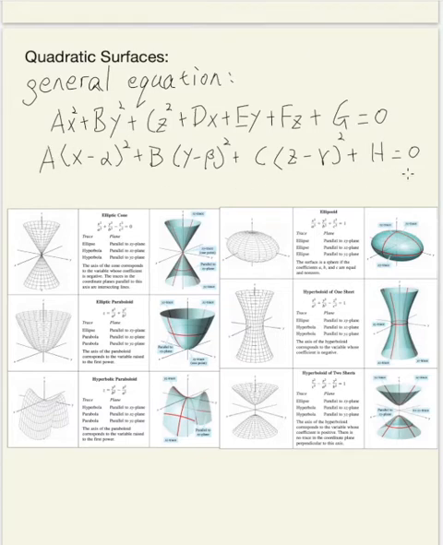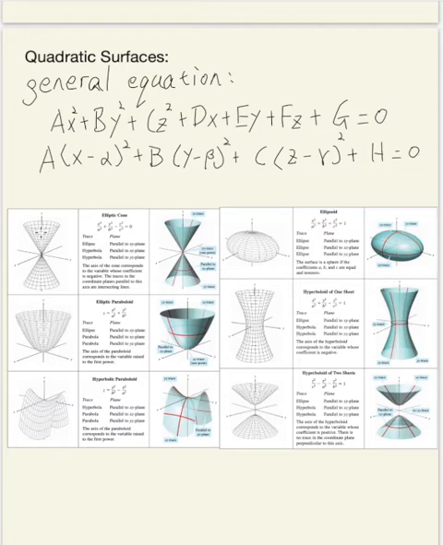Now, if you turn it into this form, then notice that essentially you're just moving this shape. Comparing to this, you're just moving this shape alpha in the x direction, beta in the y direction, gamma in the z direction.